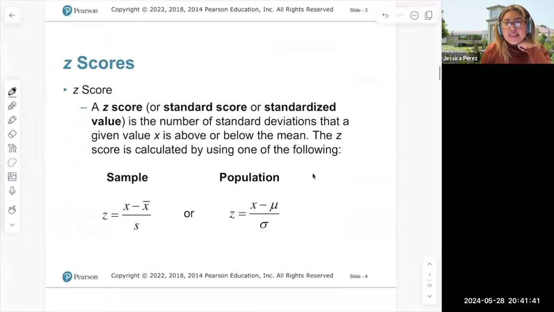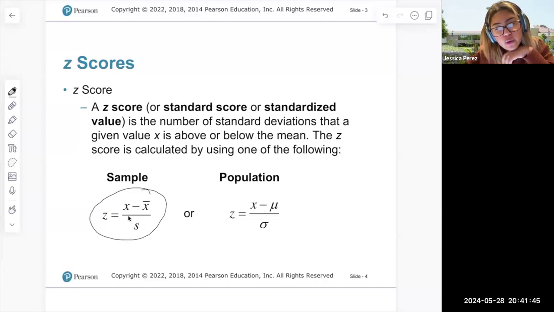To find a z-score, you use this formula: x minus x bar, so the particular value minus the sample mean, divided by the sample standard deviation. Or the population z-score is when you have your value minus the population mean divided by the population standard deviation.